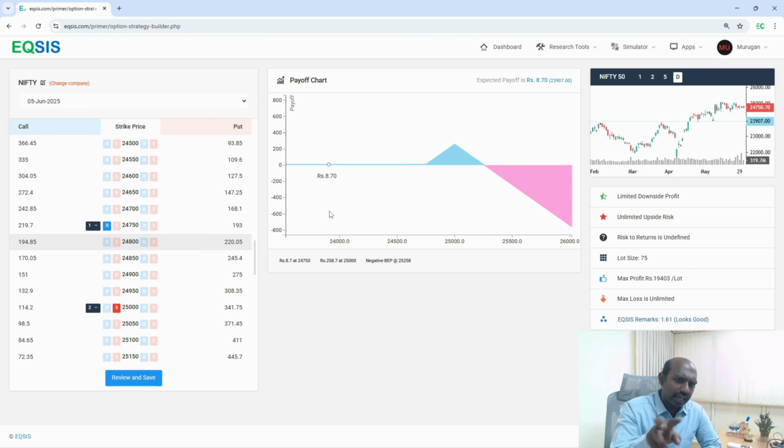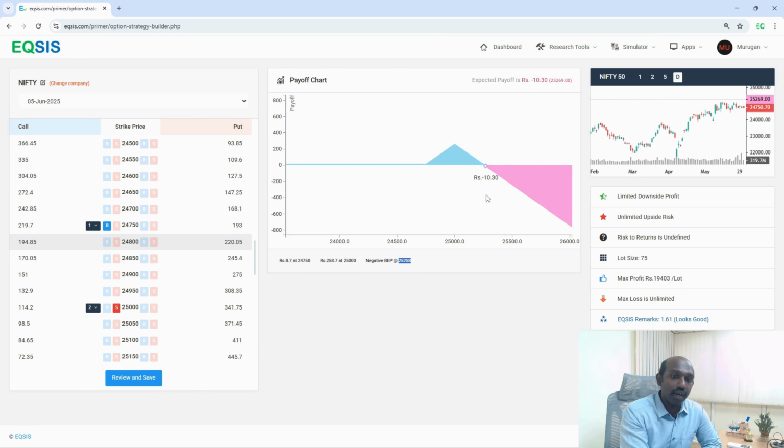So what exactly does this strategy say? See, this is a credit spread, or I can say a no-spread strategy. On the bullish note, you make money, but on a bearish note, you don't lose anything. But for you to truly lose money, this strategy needs to break even at 25,258.